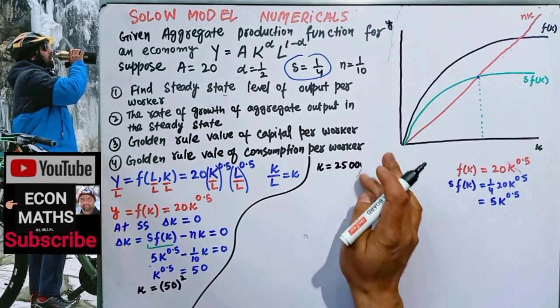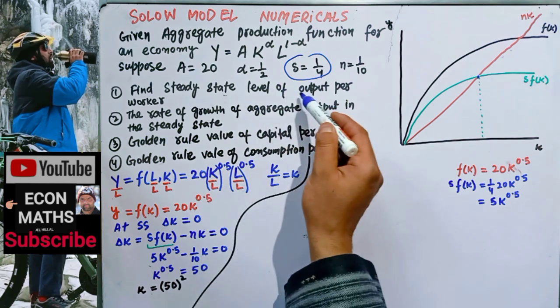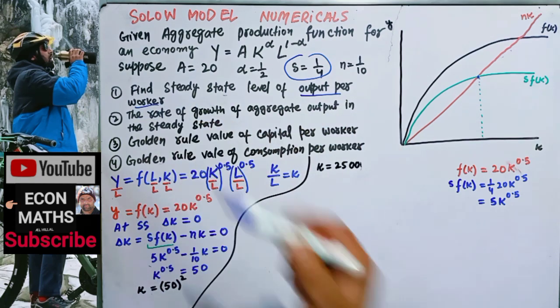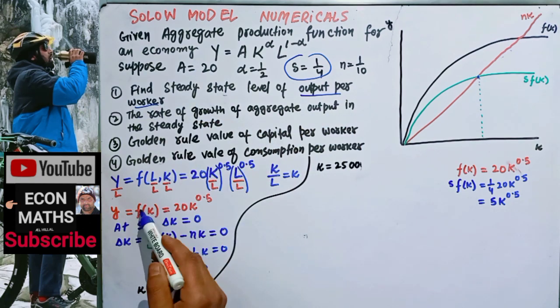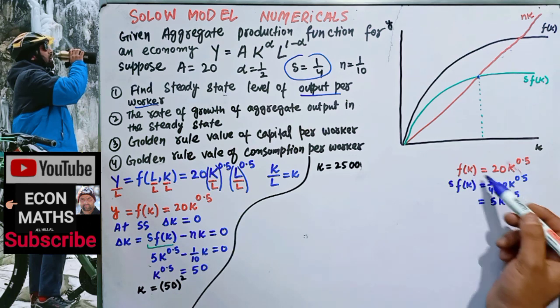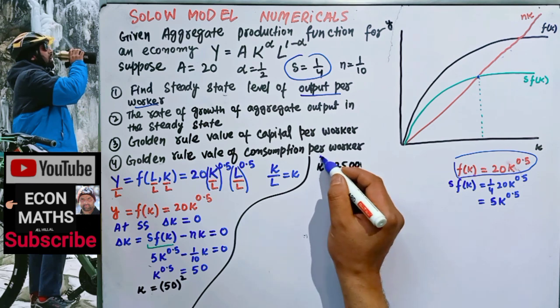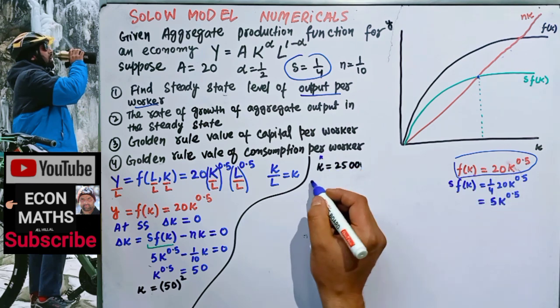Okay, so this is our steady state capital per worker, but we need to find the steady state output per worker. This is our output per worker function, and we plug the value of steady state capital per worker into this equation to get output per worker.